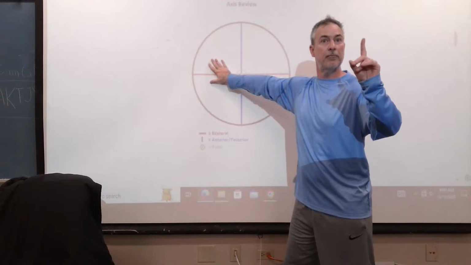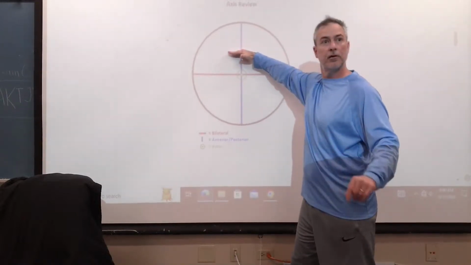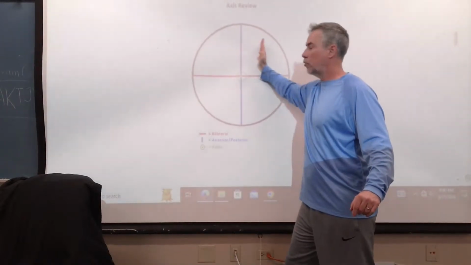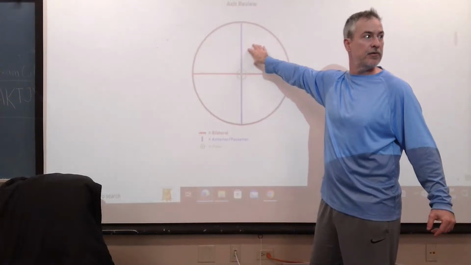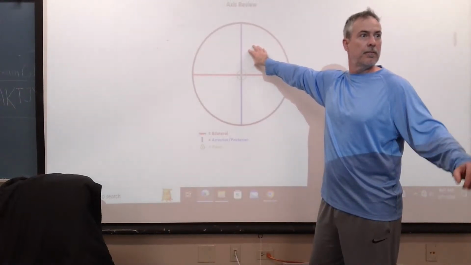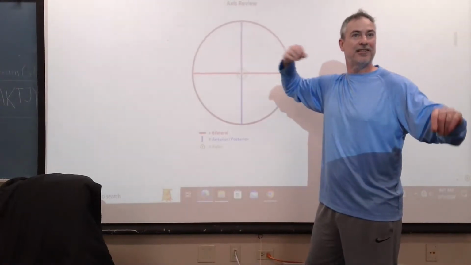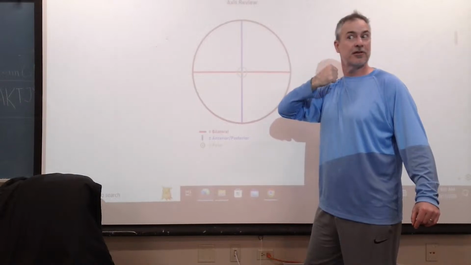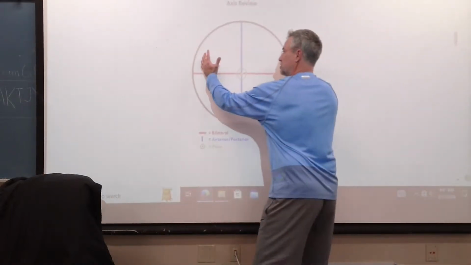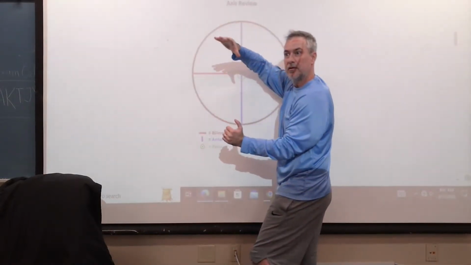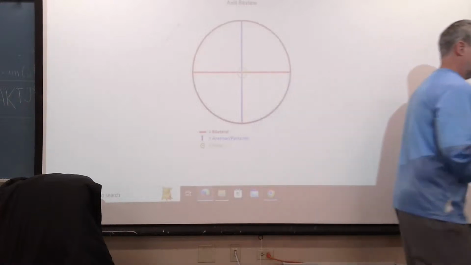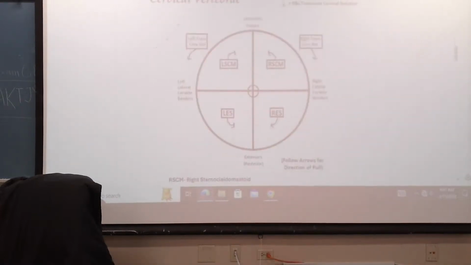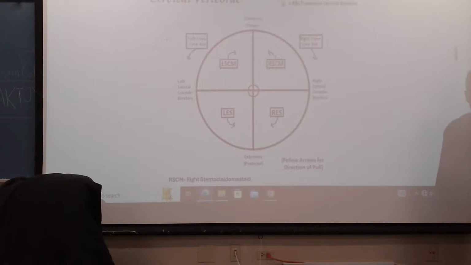So we know that that muscle is going to be in the front of the red and to the right of the blue. It's going to live in this quadrant. And then for the polar circle, we know that the right sterno is going to pull in the direction of left transverse rotation. So it's going to try to spin the merry-go-round to the left. Look what that would look like. Look how clean.